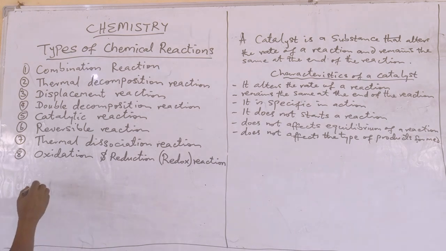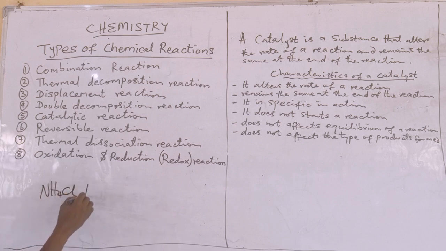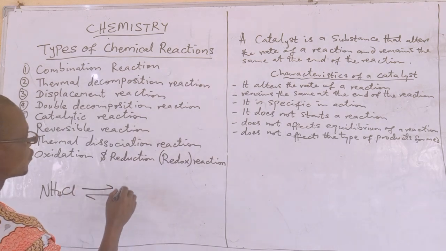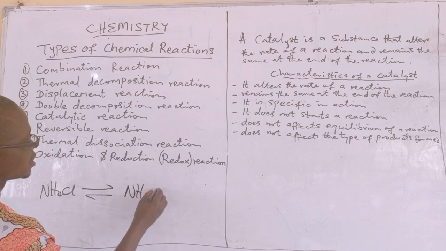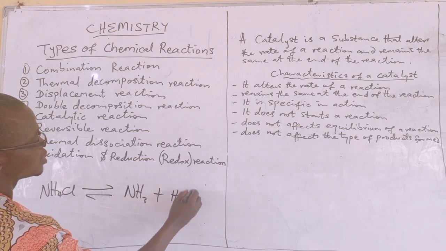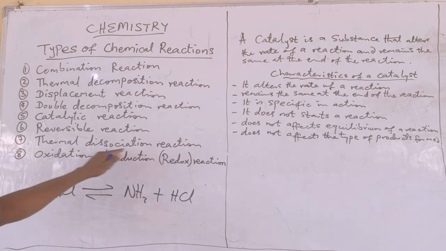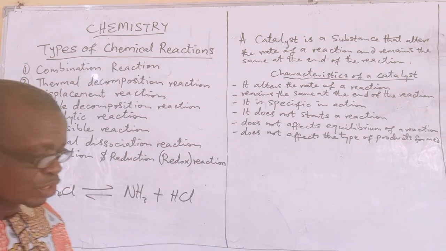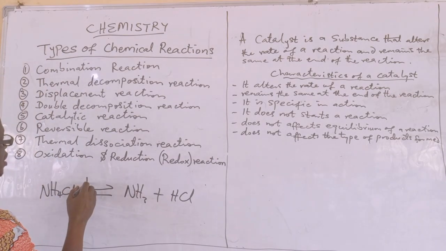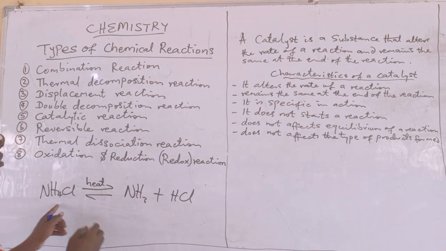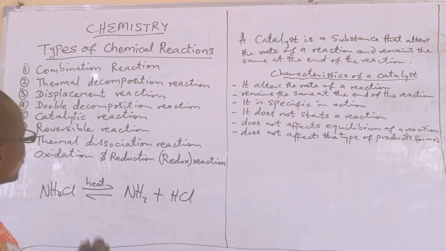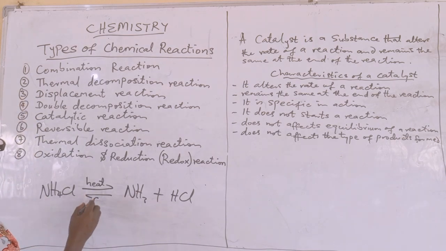I can still use the same equation in thermal dissociation, NH4Cl decomposing to form NH3 and HCl. In thermal dissociation, you are still using heat to dissociate this to form this and this. Now by cooling, you are getting back this.